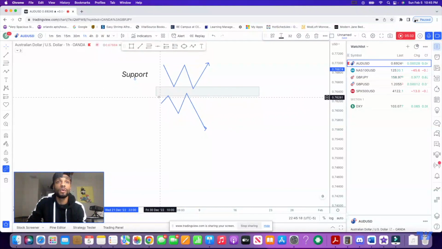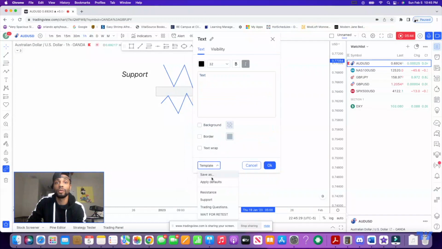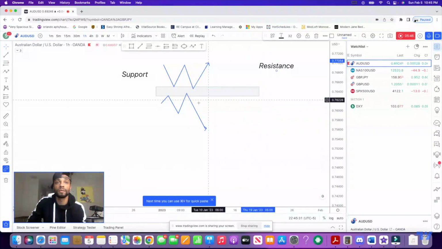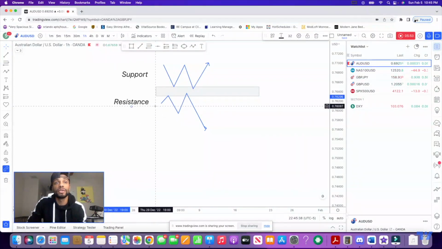Now if you look at the bottom, obviously this would be considered resistance. Why is this called resistance? Because price will try to go above the zone, bounce off, try to go back above the zone, and then come back down.